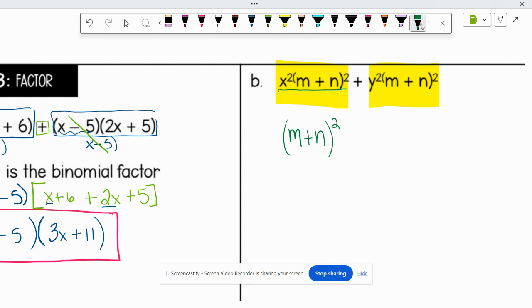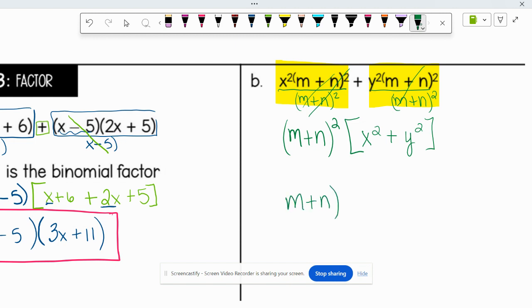So if I divide both of these by m plus n, the quantity squared, what do I have left? I have x squared, plus y squared. So I'm just going to rewrite this as m plus n, the quantity squared, times x squared plus y squared.